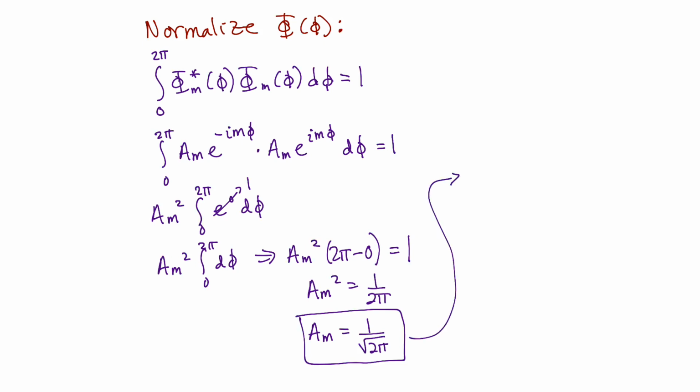Okay, so then if we want to put everything together, we have a final function of 1 over root 2 pi e to the i m phi. And we are finally done with our phi part of our wave function. Okay, and that was the easy one.